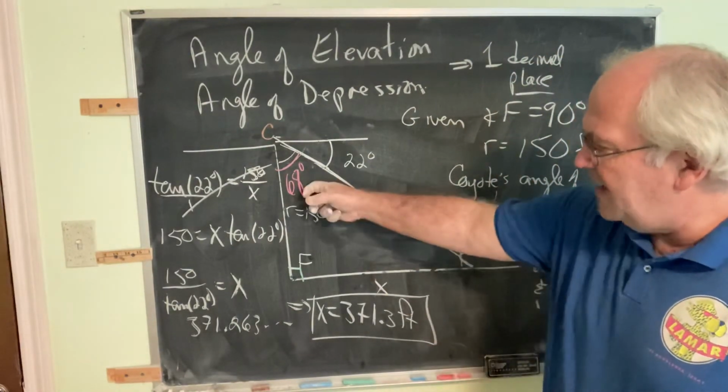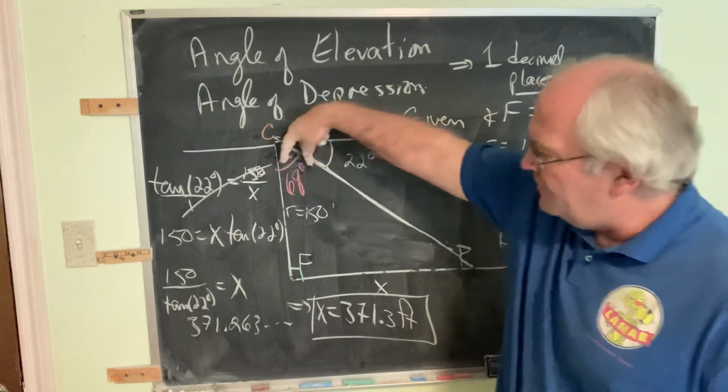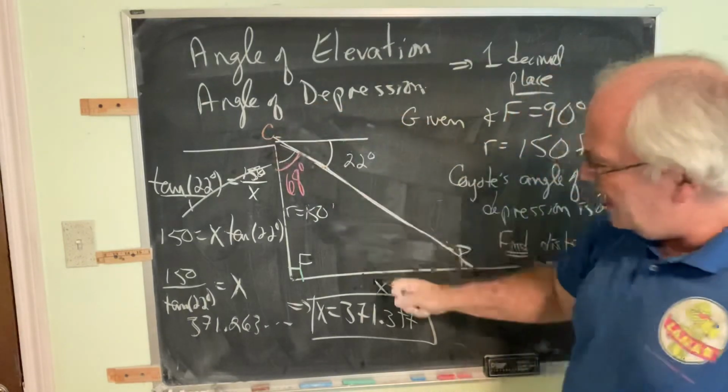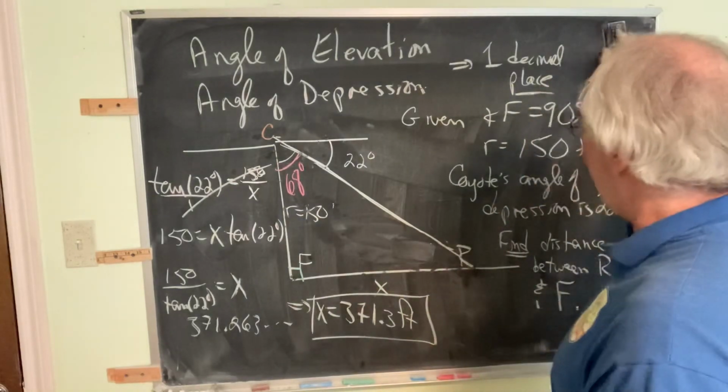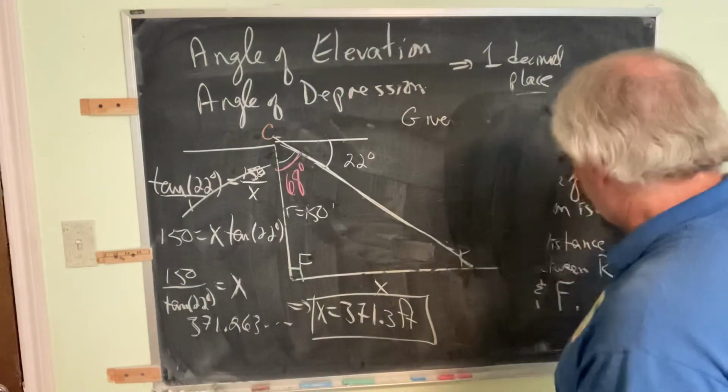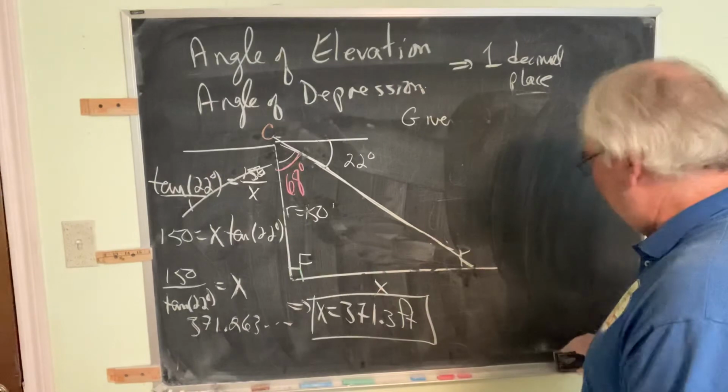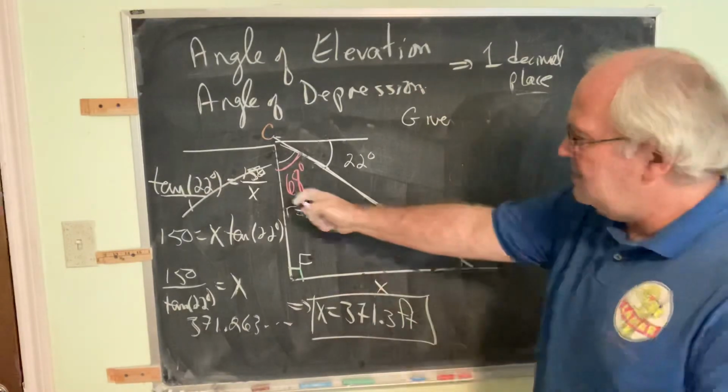And if that's 68 degrees, we should be able to solve from the perspective of 68, we have opposite over adjacent.